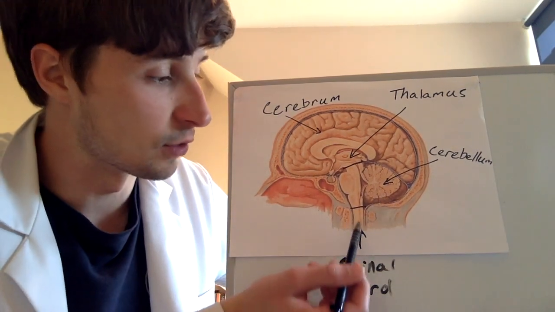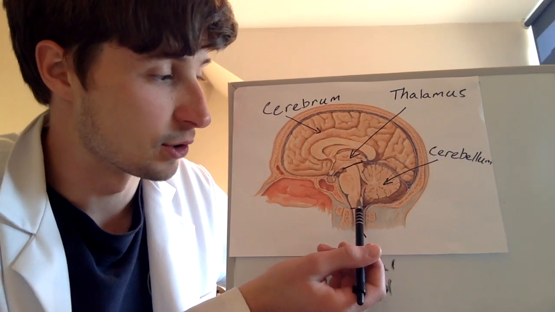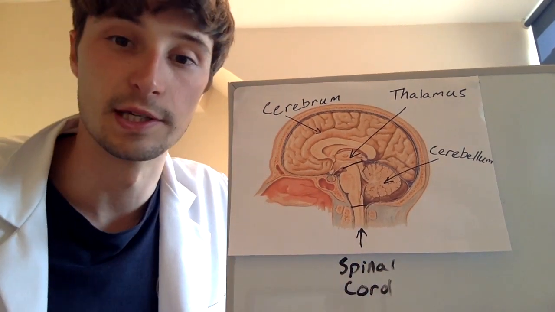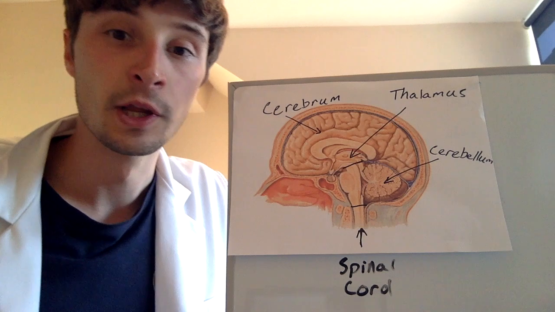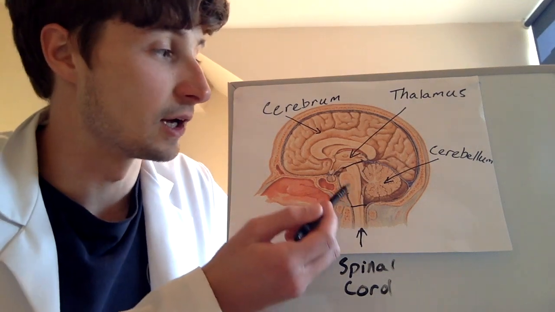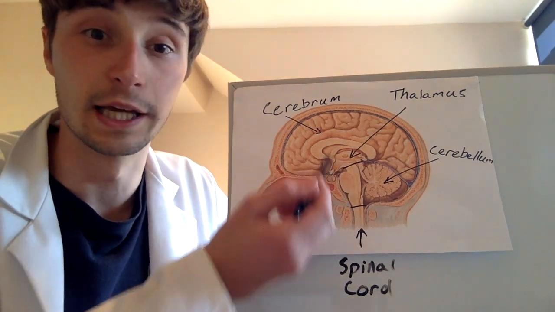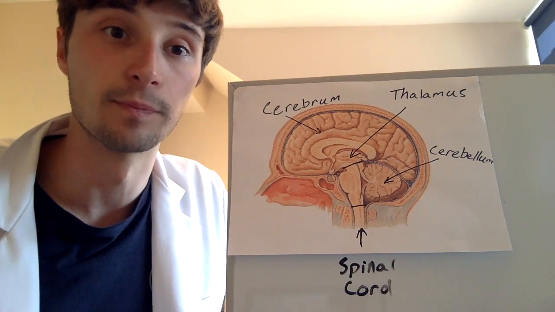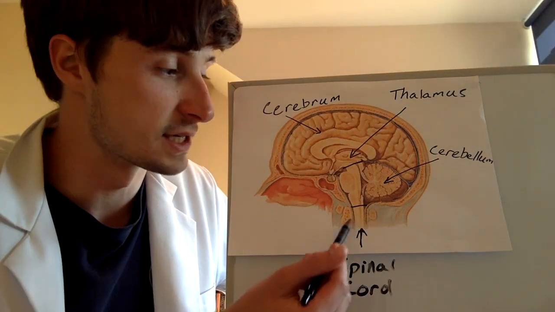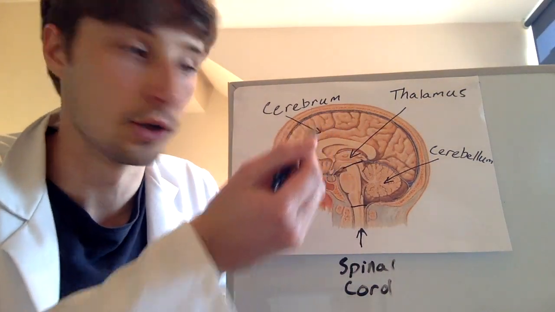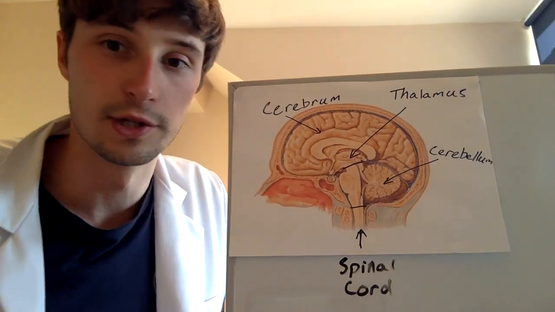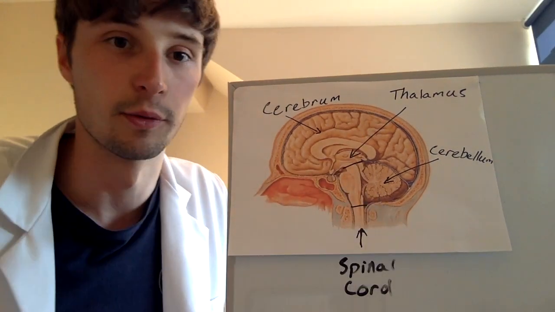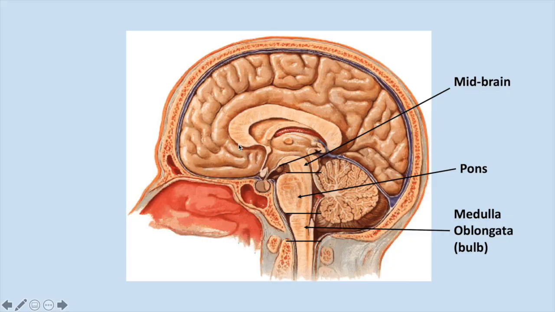And then finally, we've got the spinal cord, which is coming from below the brainstem and is going to be continuous with it. So the brainstem is going to act as a link between all of these key structures. So it's going to bring ascending tracts up from the spinal cord, and it'll bring descending ones down, and it'll also communicate with the cerebellum, as we'll see later.